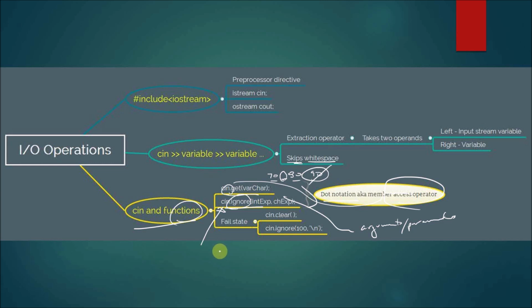Sometimes you can get what's known as a failed state. A failed state is when there is an error in reading the information from data input and data type.